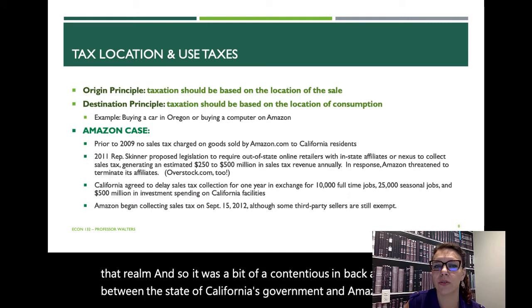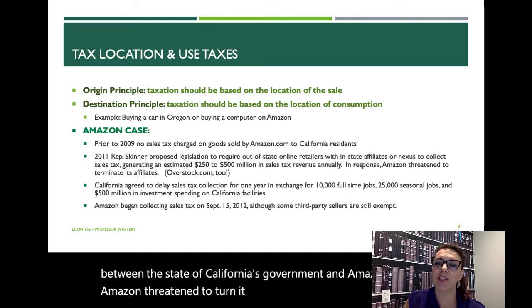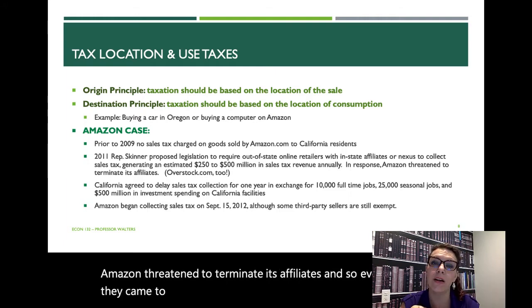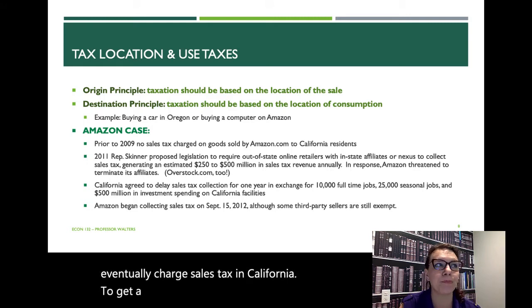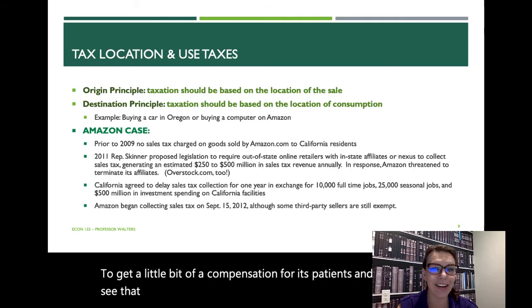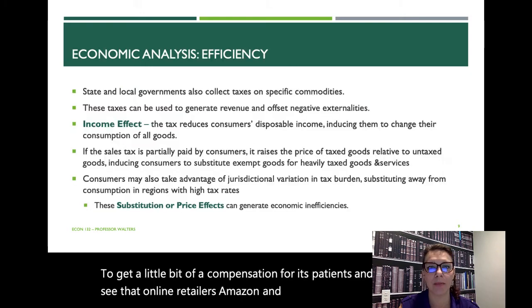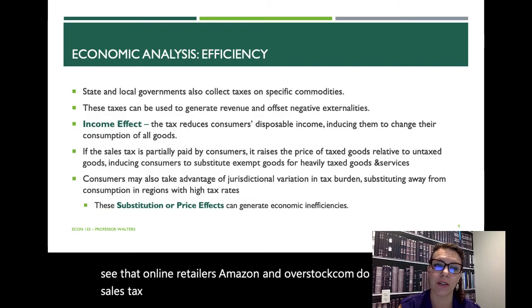Amazon threatened to terminate its affiliates, and eventually they came to a compromise where Amazon would charge sales tax, and California would get a little bit of compensation for its efforts. And so now we see that online retailers like Amazon and Overstock.com do have to charge their consumers sales tax.